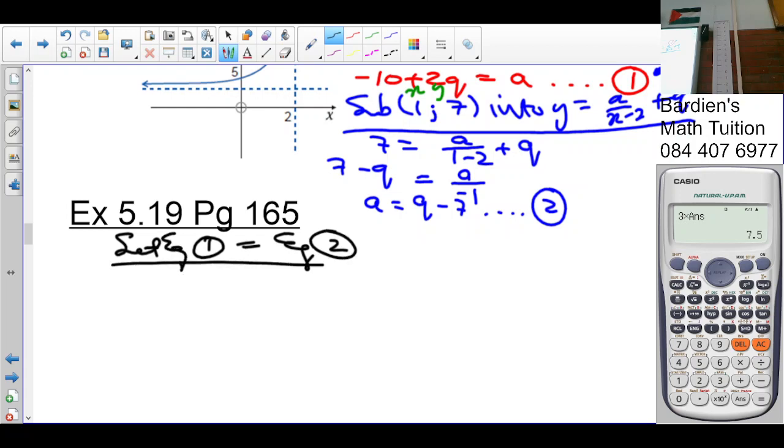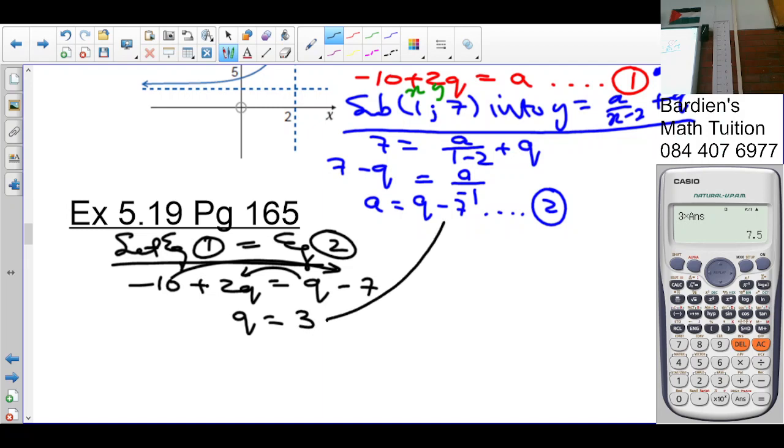So we have minus 10 plus 2q equals q minus 7. Solve for q. So q is equal to 3. So what do we do with that? We sub that into equation 2 or equation 1. So a is equal to 3 minus 7, which is negative 4.